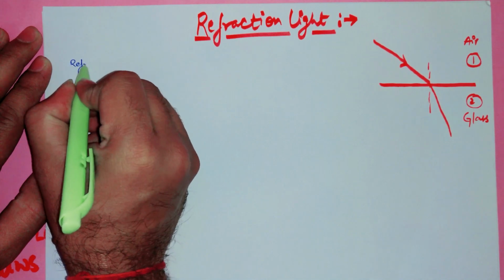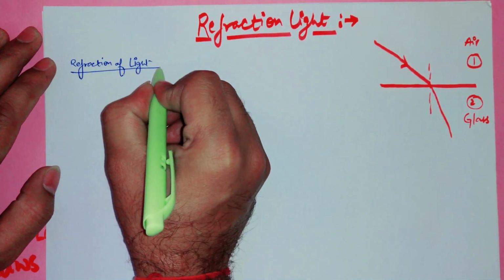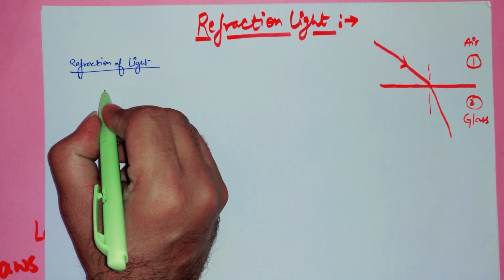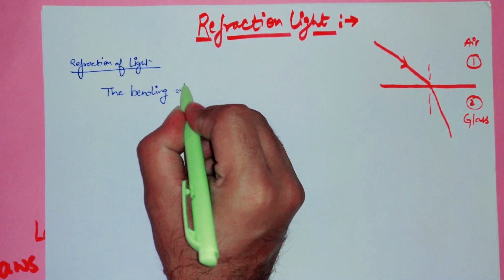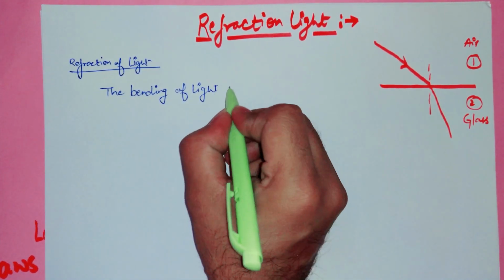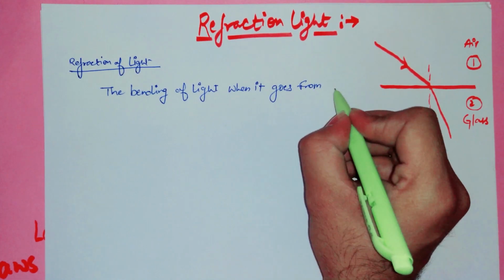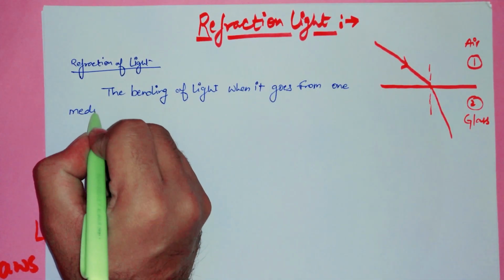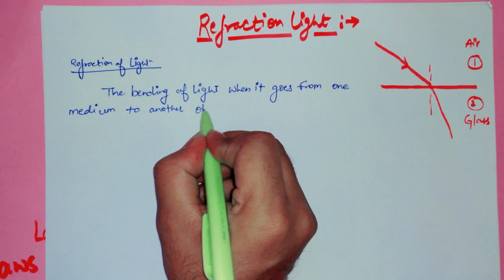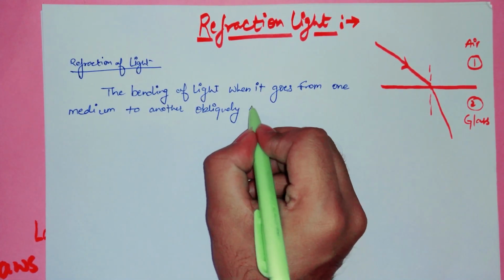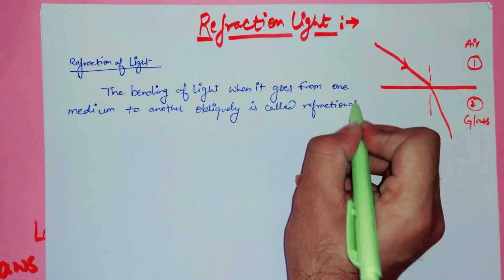Refraction of light means the bending of light when it goes from one medium to another obliquely is called refraction of light.